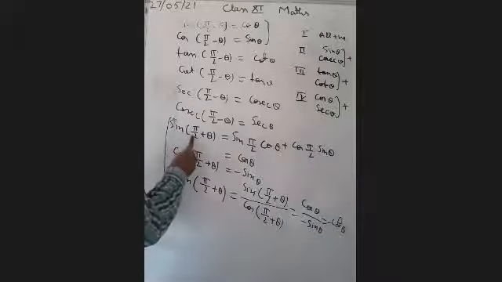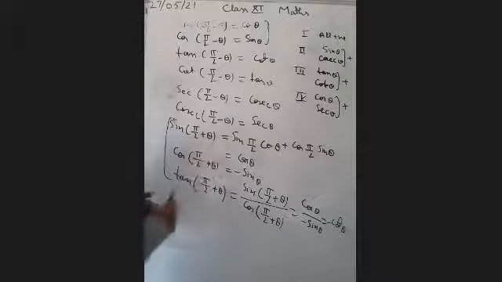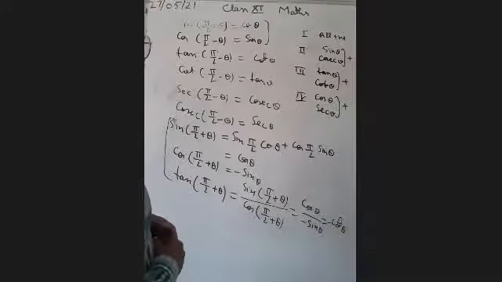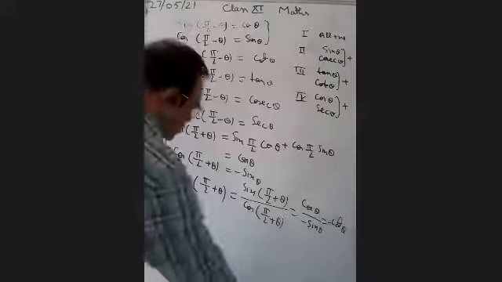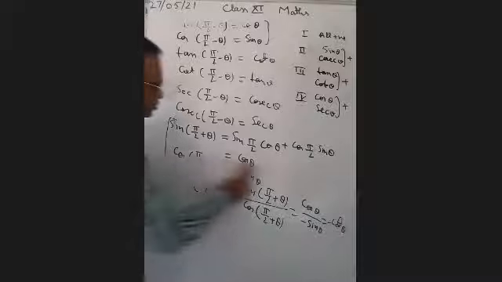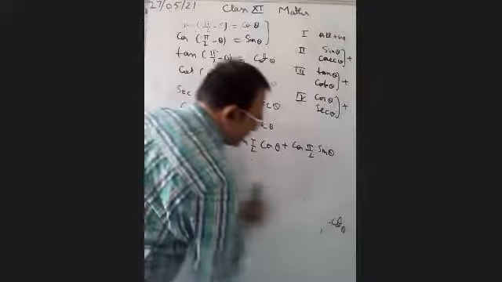You have to convert 180 minus theta also, 180 plus theta also, 270 minus theta, 270 plus theta, 360 minus theta, 360 plus theta. ठीक है? You have to convert by using these formulas, sin and cos x y formula. ठीक है? Just I am more explaining you 180 case also.